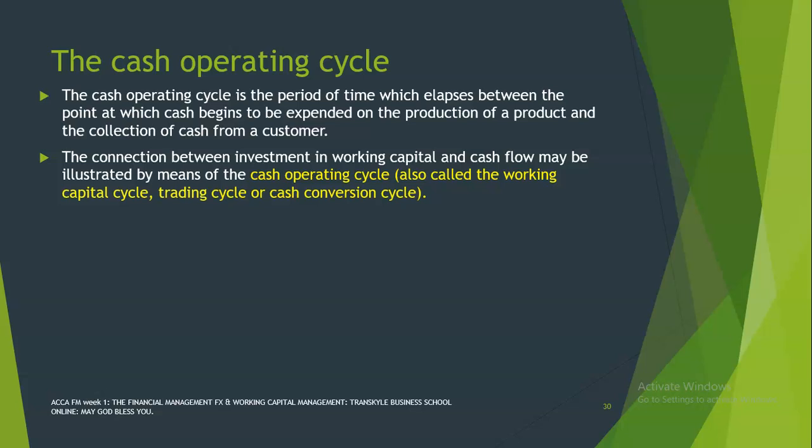Now, there is what is called the cash operating cycle. The cash operating cycle is the period of time which elapses between the point at which cash begins to be expended on the production of a product and the collection of cash from a customer.